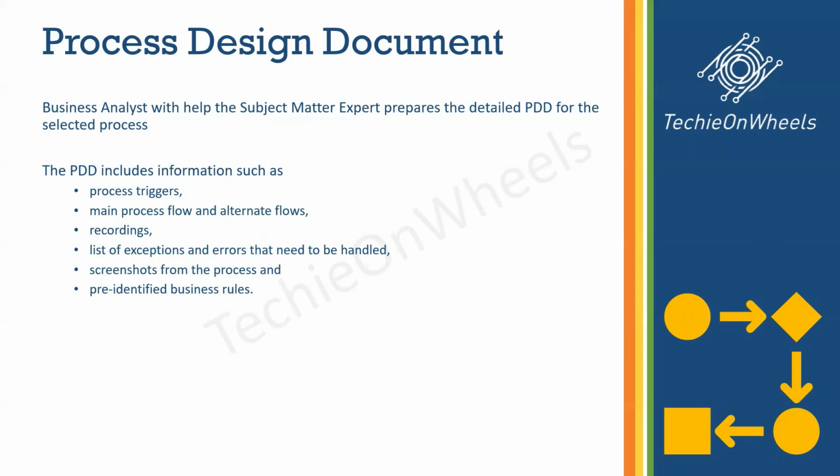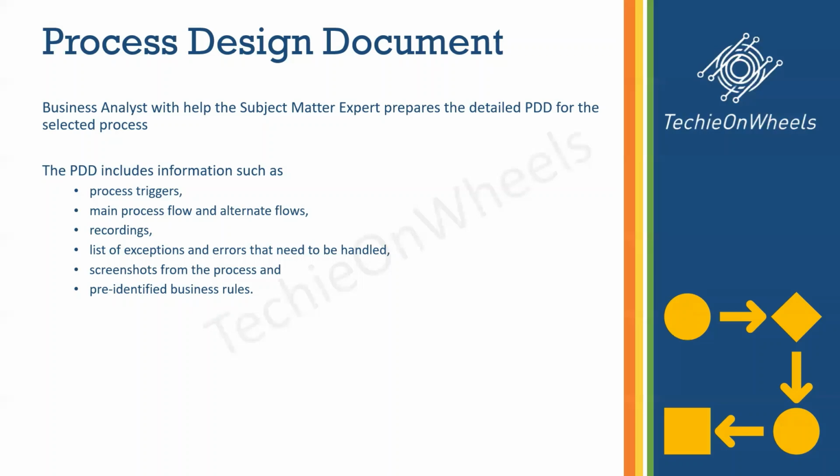These could be known exceptions and errors experienced in the past by the SMEs. If a certain scenario doesn't happen, what should be done? Should an email be sent, or should it be logged somewhere? How do we handle it? Those things need to be mentioned in the PDD.